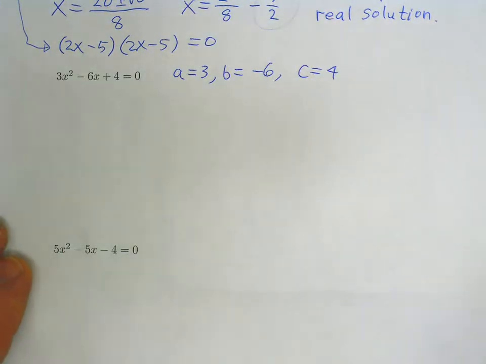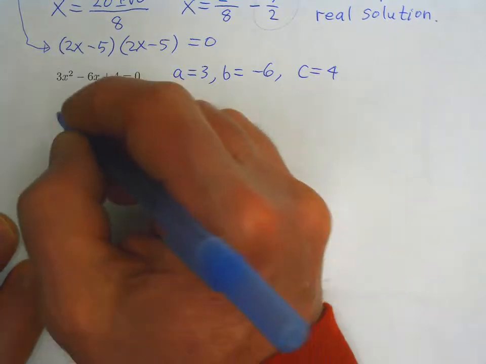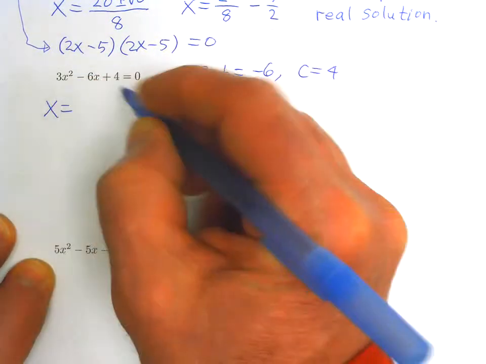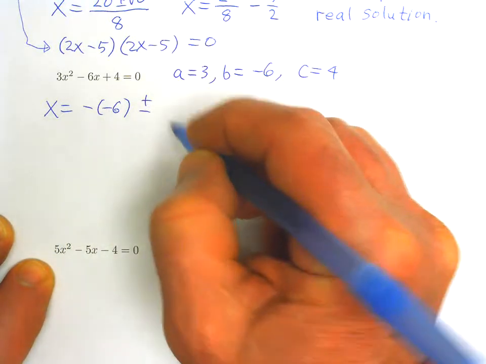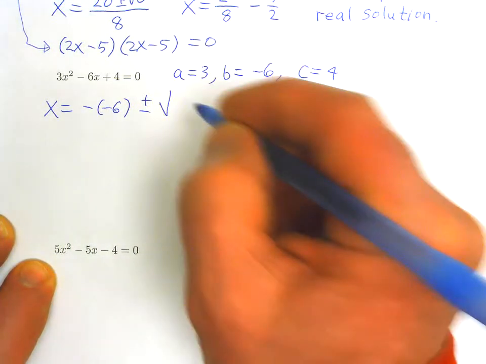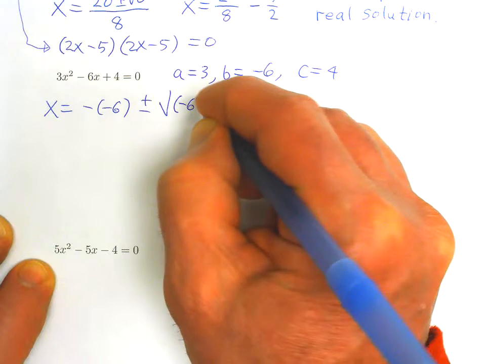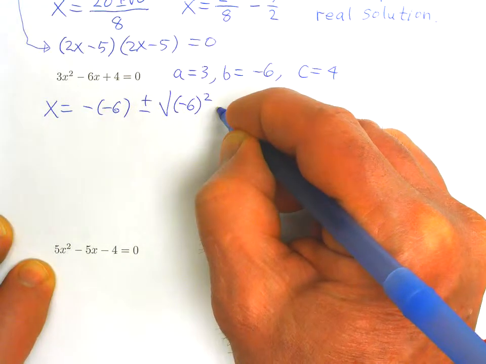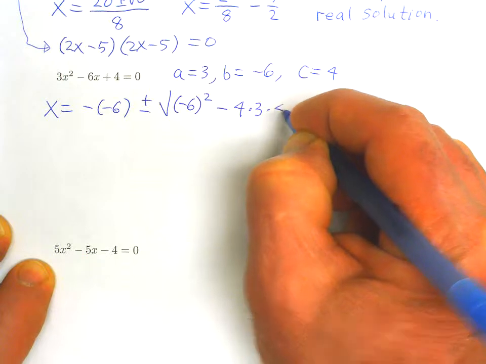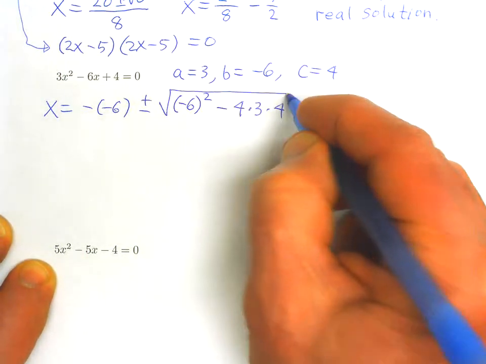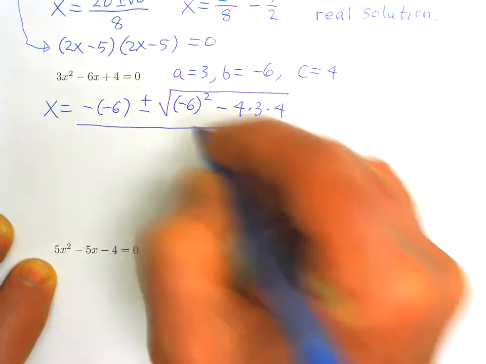We use the quadratic formula. So x equals the negative of negative 6 plus and minus the square root of the number negative 6 squared minus 4 times 3 times 4, all divided by 2 times 3.